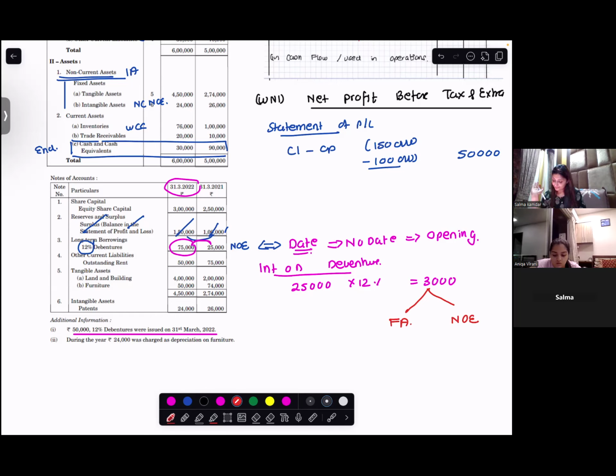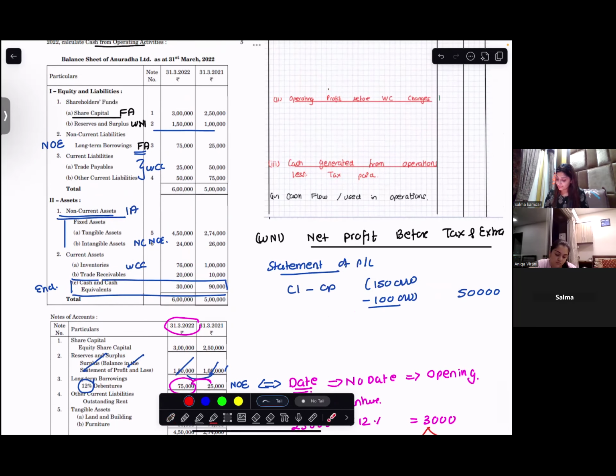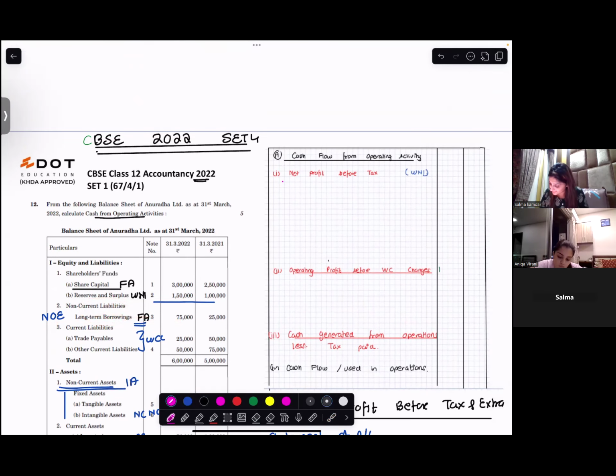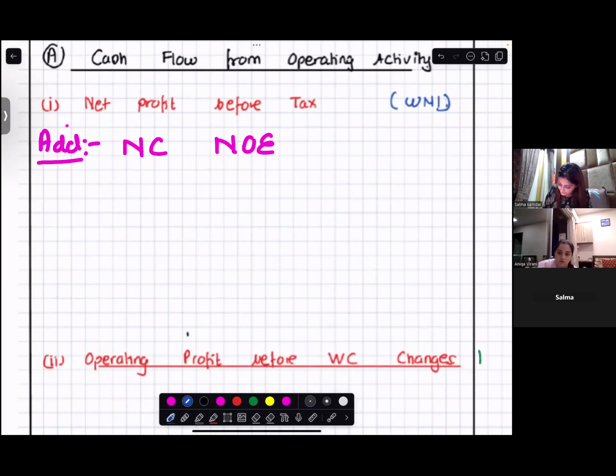Non-current liability by nature is a financing activity, and any interest on it is also financing activity. But it is also a non-operating expense. What do you do for non-operating expense? You add the non-cash, non-operating expense, and your first one is interest on debentures.